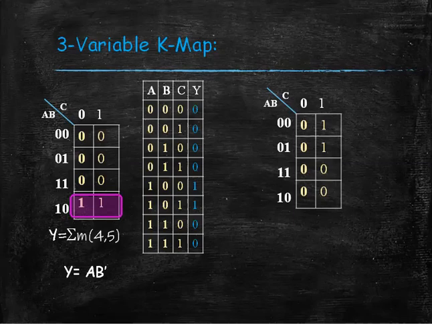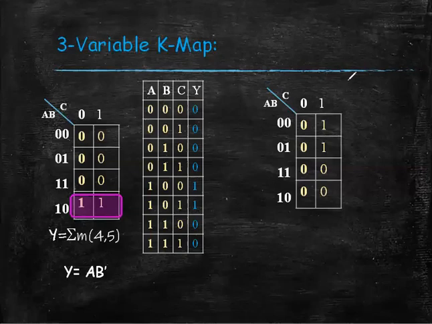From the given Karnaugh map we can obtain the truth table, the canonical SOP expression, and the minimized logical function also.